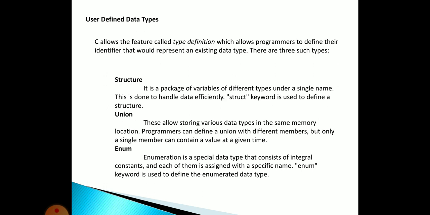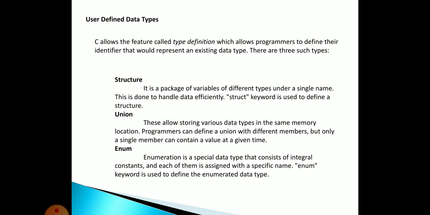For this, we make use of the struct keyword. Struct is the keyword that is used to define a structure. And union, similar to the structure, also allows storing data as a single unit.